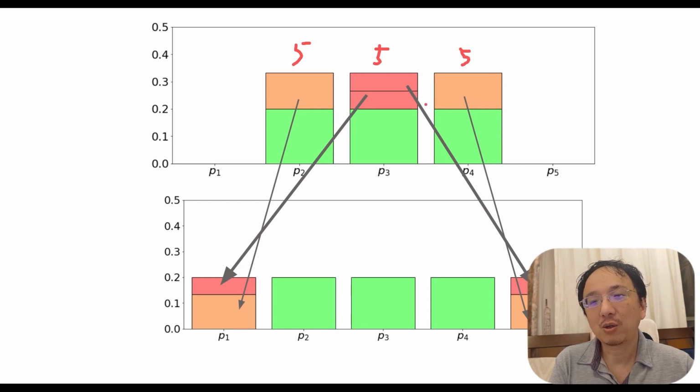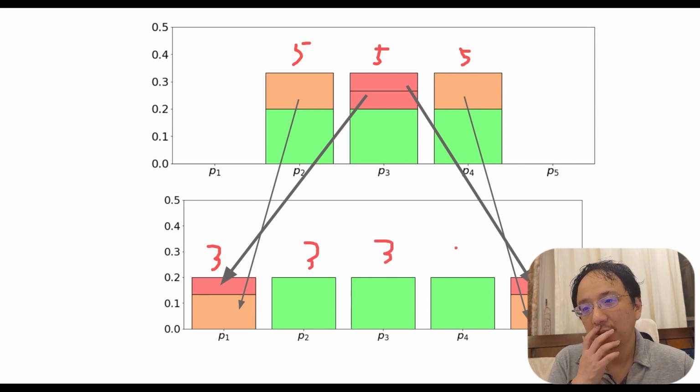If we want to move this configuration into another one, like this one, and we try to do this in a minimal effort way, what is the way to do so, to move this configuration into this one?